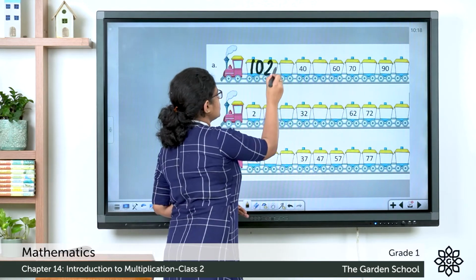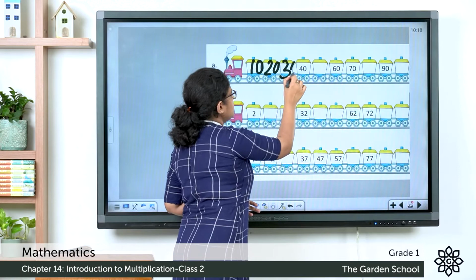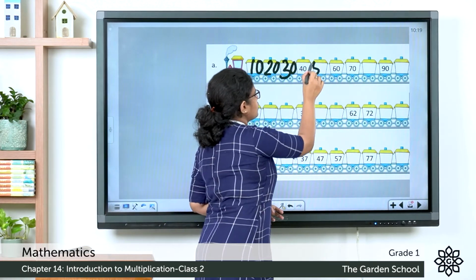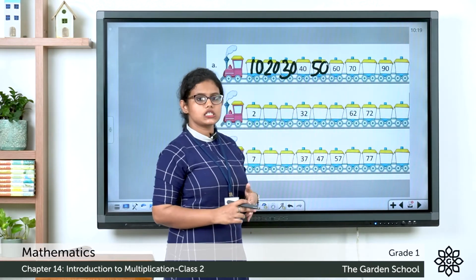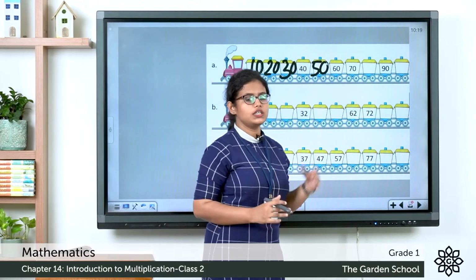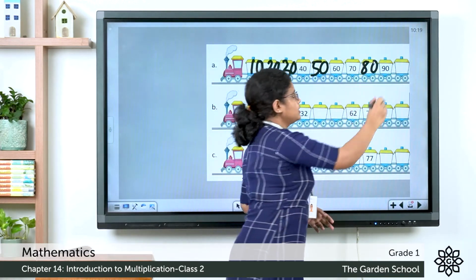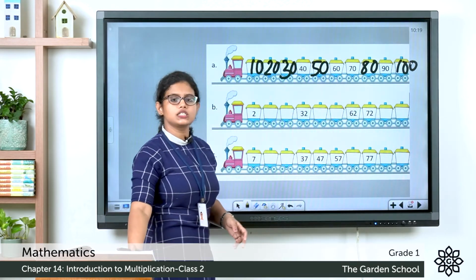What next? 20. What comes next? 30. 40 is already here. What comes next? 50. After 50, 60, then 70, then 80, then 90, then 100. So skip counting in tens.